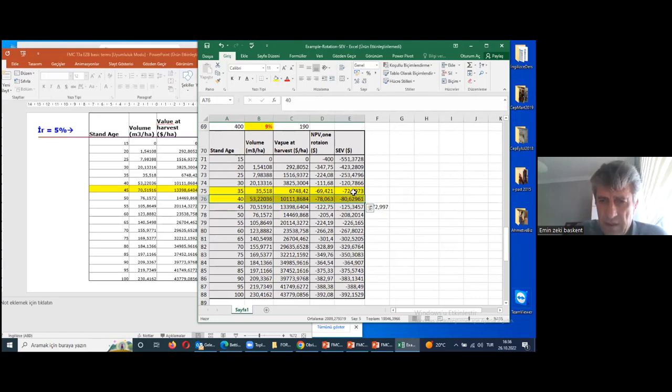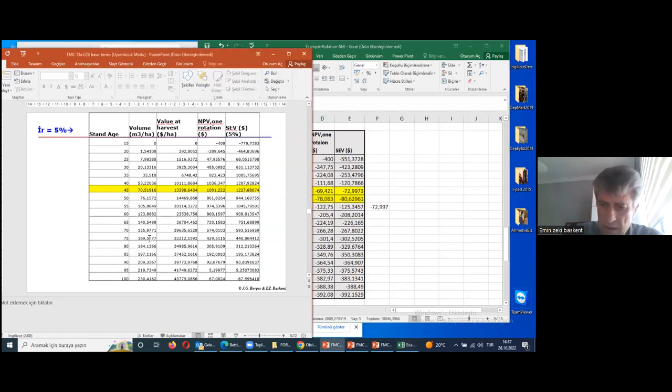Remember that at this age, the soil expectation value is still negative. Can we choose this age 35 as a rotation age? No, because both the net present value and the soil expectation value are negative.